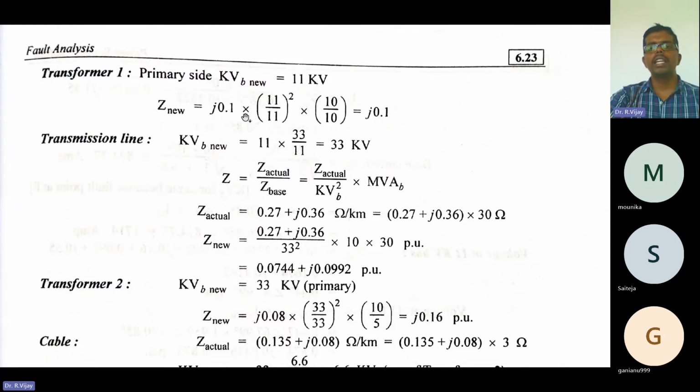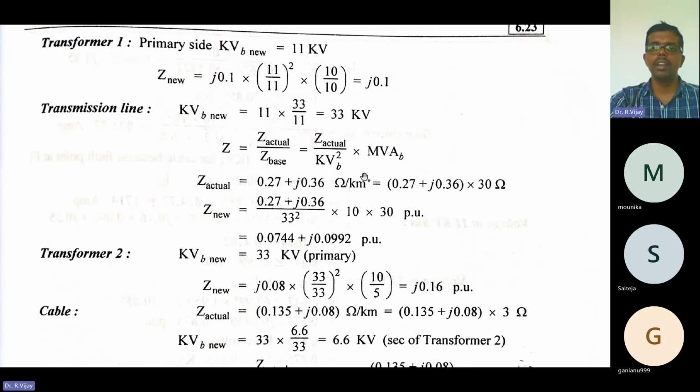Here you substitute: KVB new and old are the same values, 11 kilovolt, and MVA new and old are the same values, 10 MVA. Simplifying, this and this get cancelled, this and this get cancelled, so you'll get the direct answer as J into 0.1. So in the exam, you can save your time.